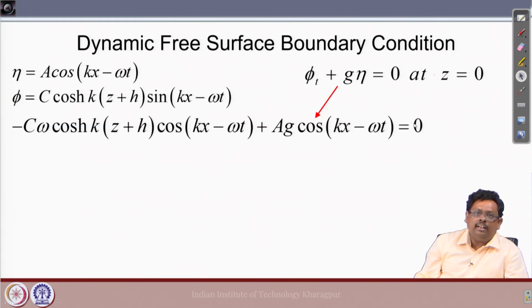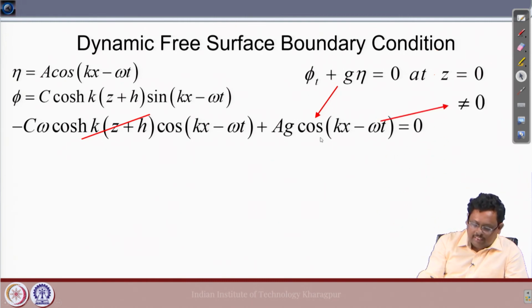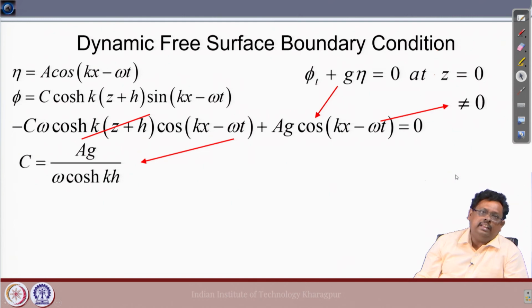If you differentiate with respect to t, minus omega comes out, and then you put z equal to 0. I cancel this, and I can make the argument that cos(kx minus omega t) cannot be 0, of course, and then we can obtain the value for C, which is a g divided by omega cosh kh.